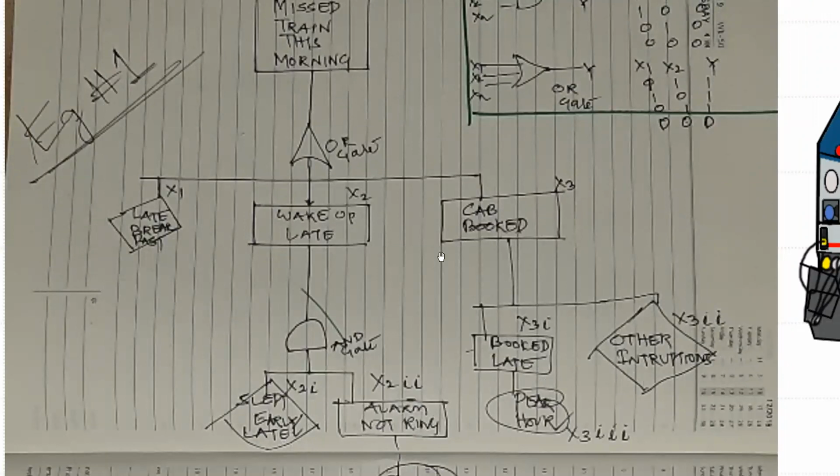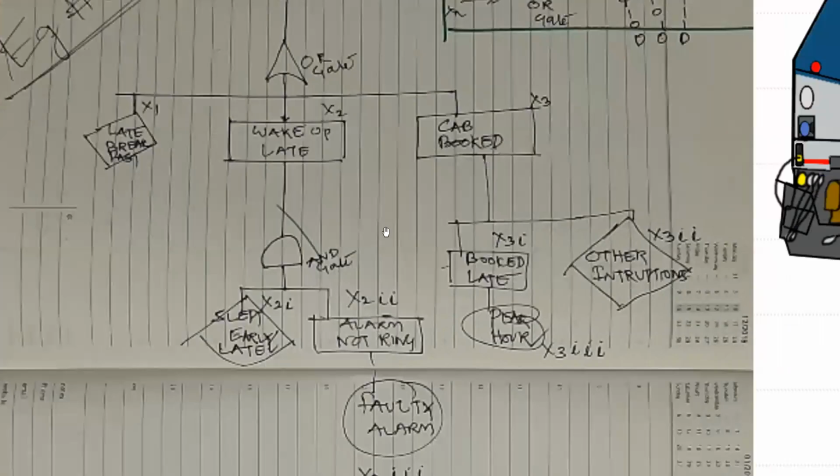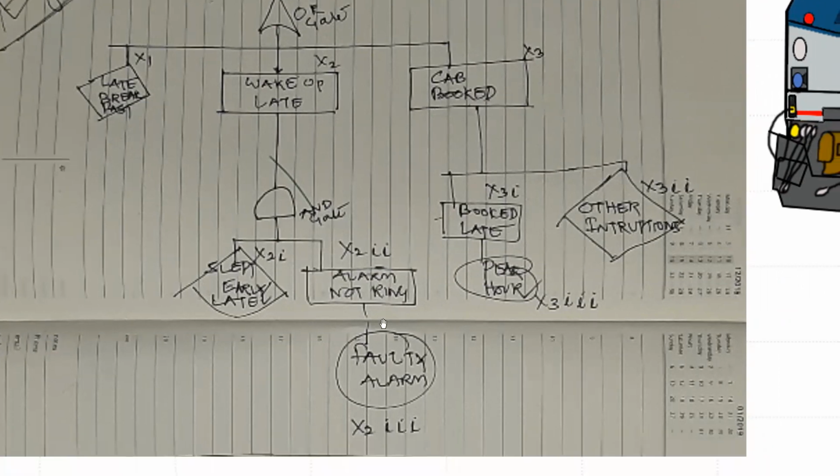When you say wake up late, there is another dimension, and an AND gate is used: either slept late and alarm didn't ring. These two factors contribute to it, so the AND gate is used, right? So 1 and 1, the output will be 1. And why further? This is called faulty alarm. The circle means we are concluding that the alarm didn't ring because of a faulty alarm.